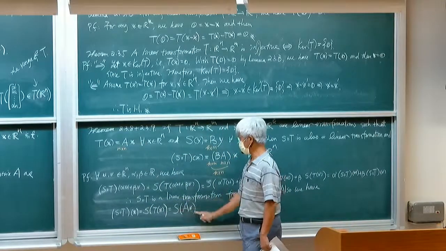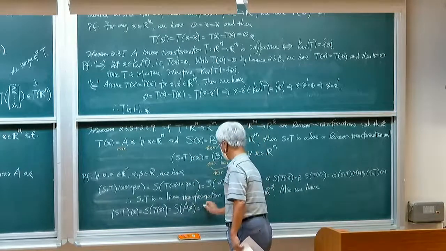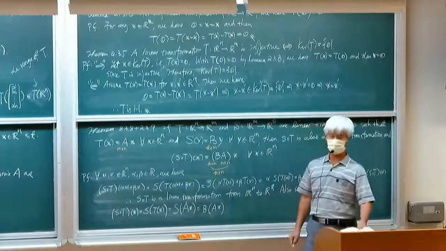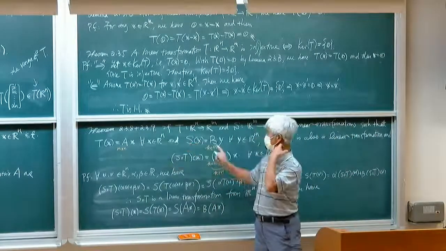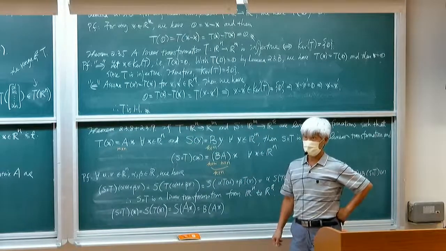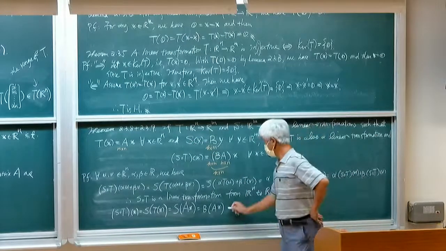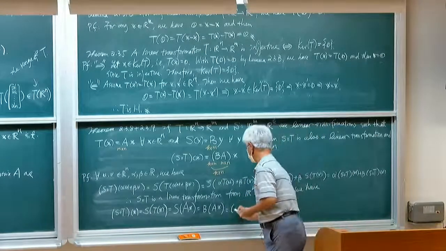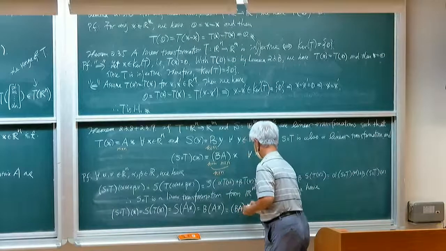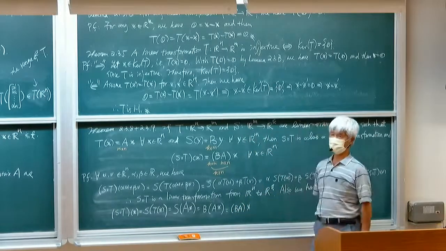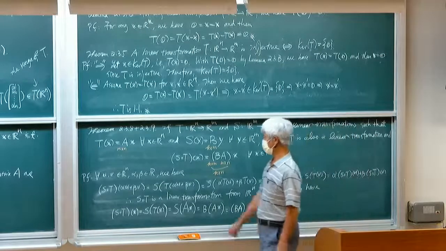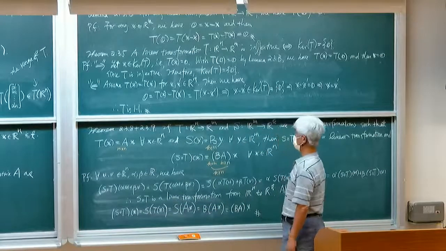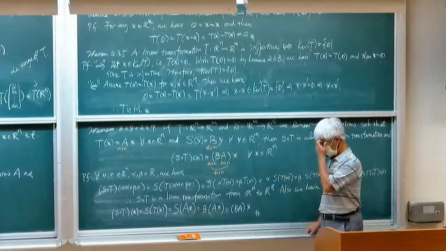And this vector, after this mapping, is B of Ax. So we just apply the matrix representation here. And because matrix multiplication is associative, we can multiply B and A first and then x. So you can see that we establish this. And then we're done.